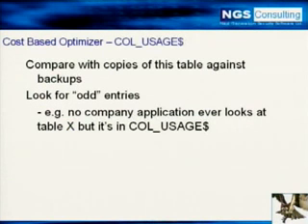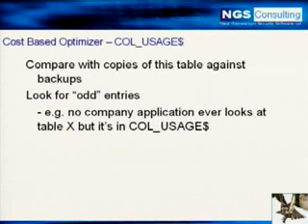Now, given that we may have been compromised, we can look at this col_usage$ table, but with no frame of reference, we don't know whether there's anything untoward in there. Well, we can compare copies of the current col_usage$ table to copies in our backups. Another way to do this is to look for odd entries.